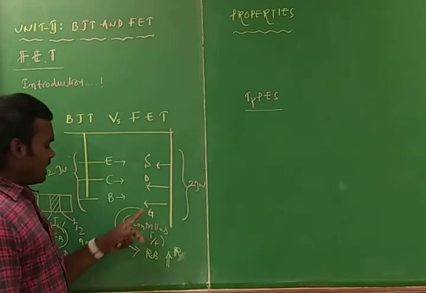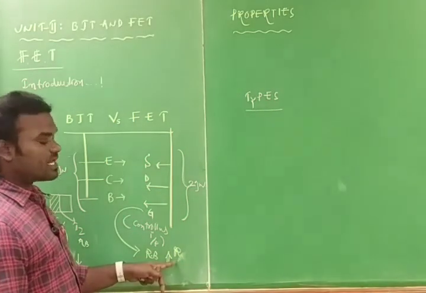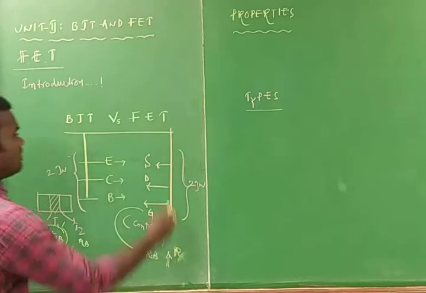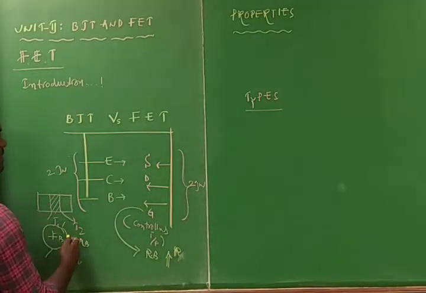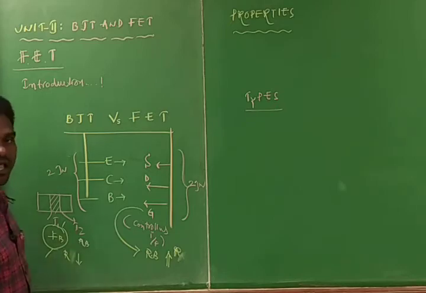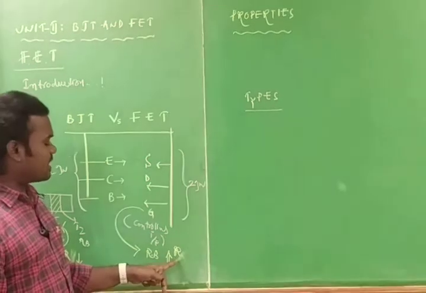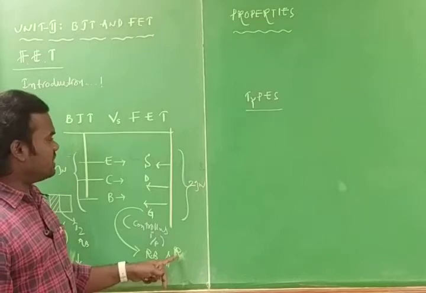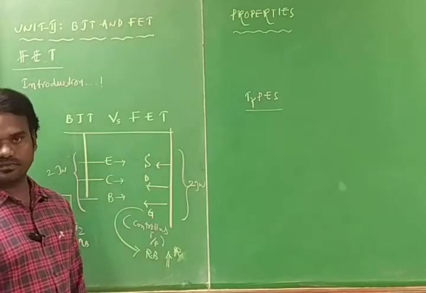Whereas here the input circuit is connected in reverse bias, the resistance is more, so the FET offers more input impedance than the BJT.